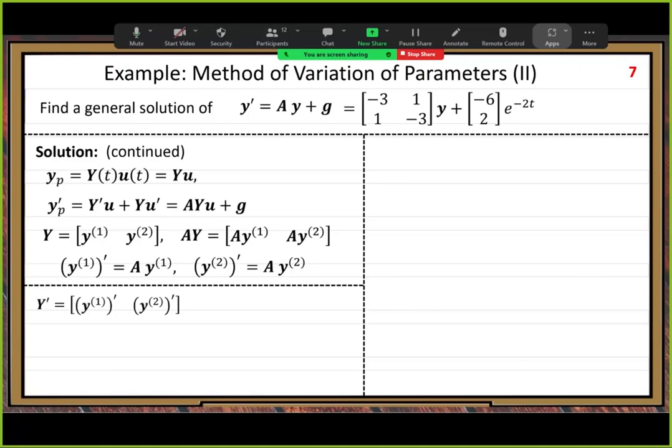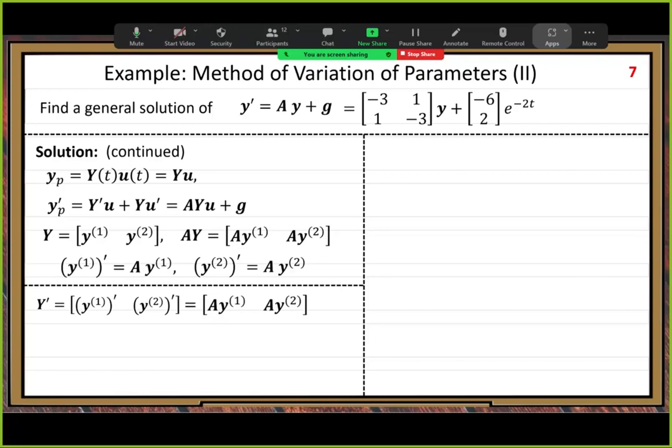Then Y prime. What's Y prime? Y equals the y1 vector, y2 vector. So Y prime equals the prime of the y1 vector and the prime of the y2 vector. Straightforward. Now, what are y1 prime and y2 prime?